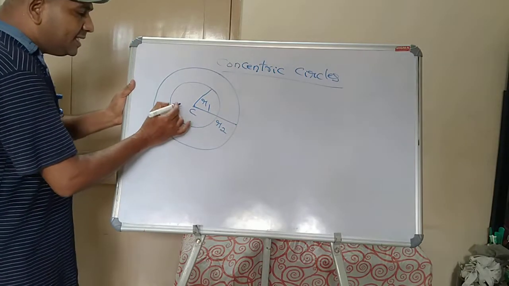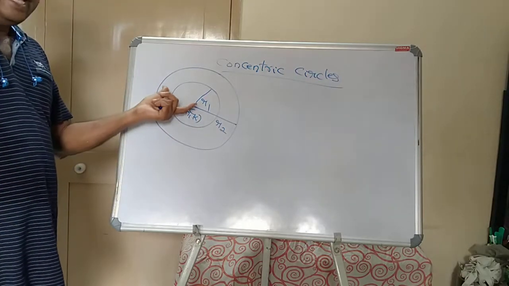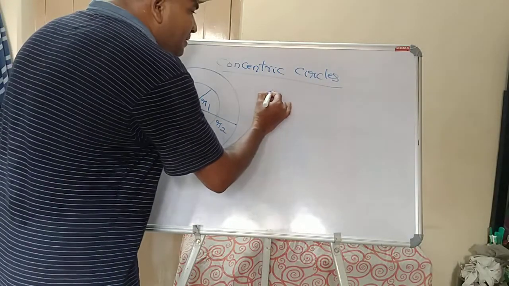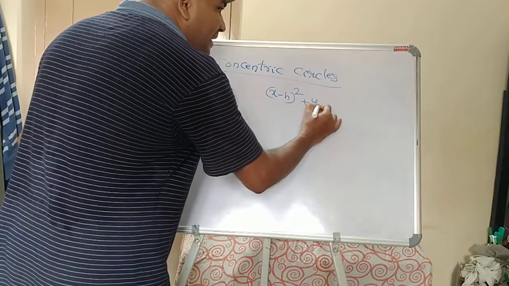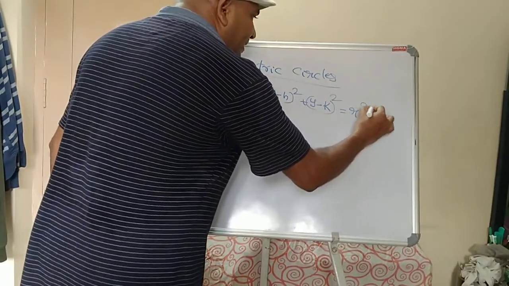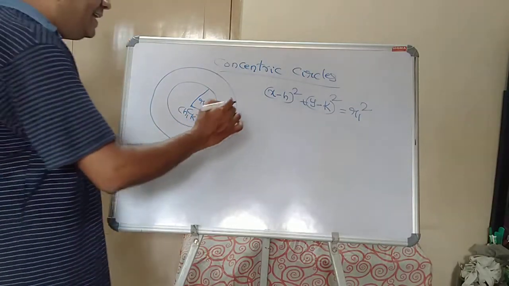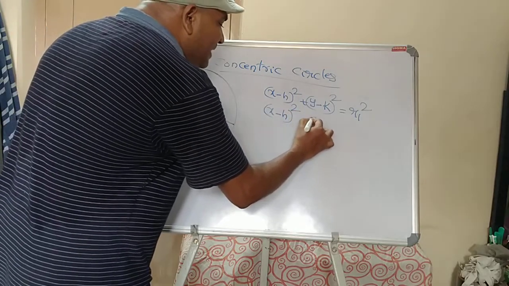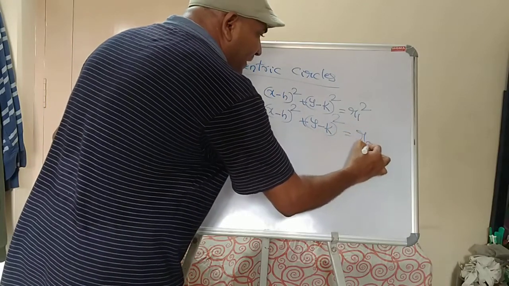Let us take the center equal to (h, k). Now the equation of the first circle is (x minus h) whole square plus (y minus k) whole square equals r1 square, and the equation of the second circle is (x minus h) whole square plus (y minus k) whole square equals r2 square.